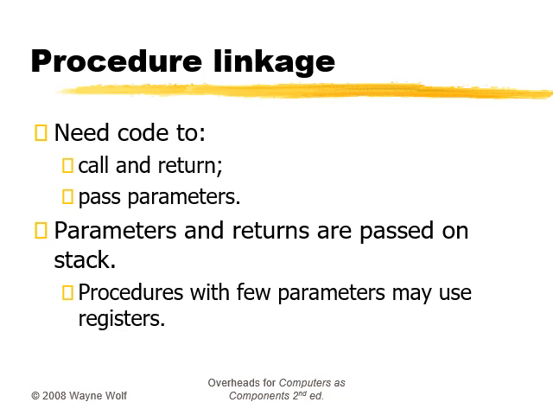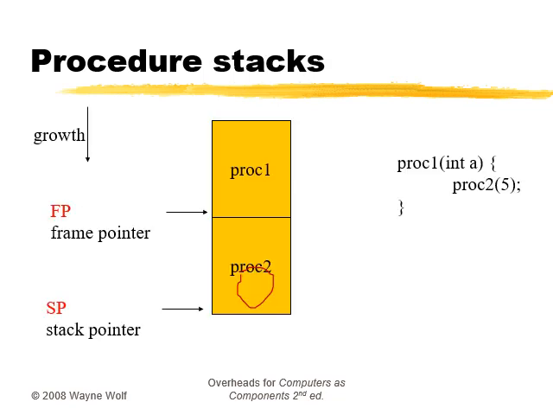Now we will look into the stack pointer and frame pointer. This is the procedure stack as we were talking about. We have procedure 1, which might have some input parameters and some return, the way procedure 2 will have some input arguments and some return.